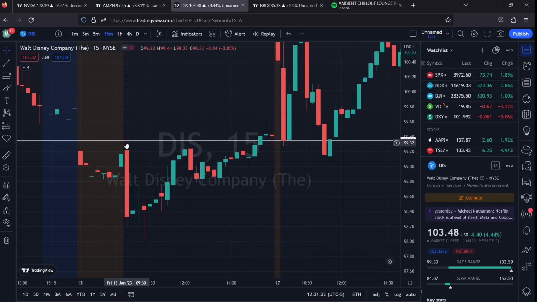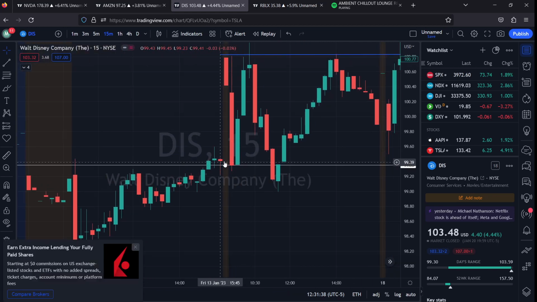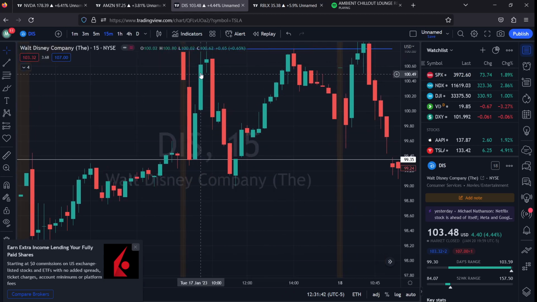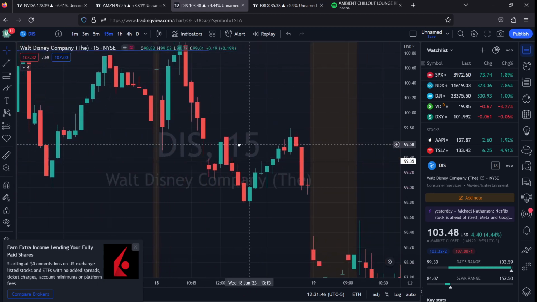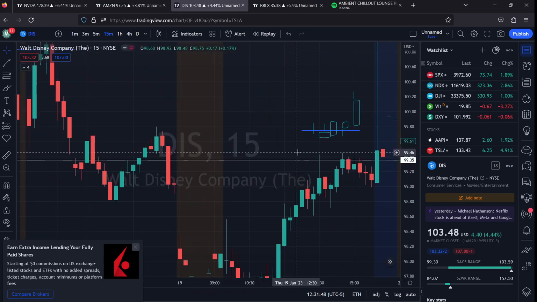You can see still significant over here, rejected, pushed down, closed over to close the day, and then it gapped up the next day, bounced off the level, closed below, and then it kind of loses its significance as time goes on. So that's why you want to make sure that you're going back in, altering your levels, backtesting them if you need to. Make sure that they're still significant as time goes on.